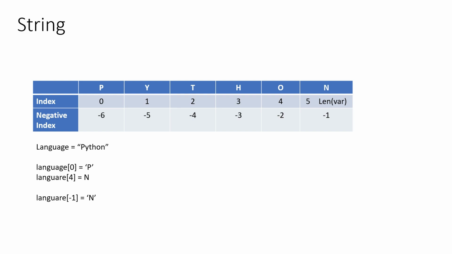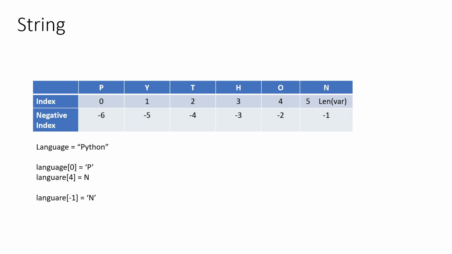What does this mean? It means that we can access any character or a substring using this index number. So if I print language with index 0, it will give me the output P. If I use index 4, it would be O.